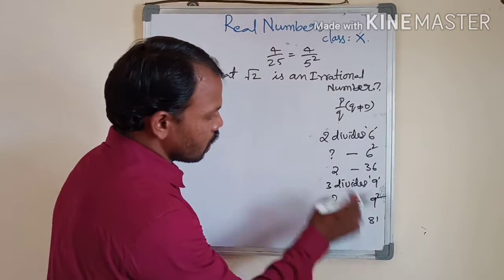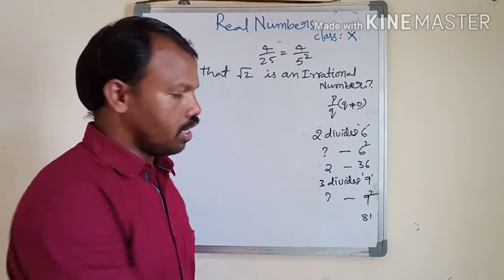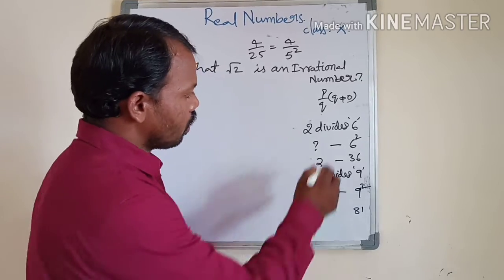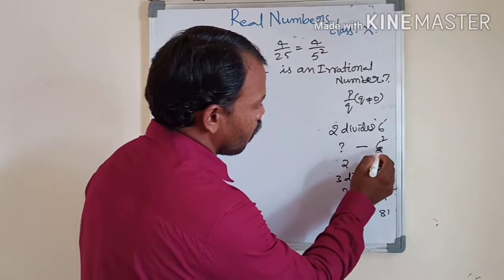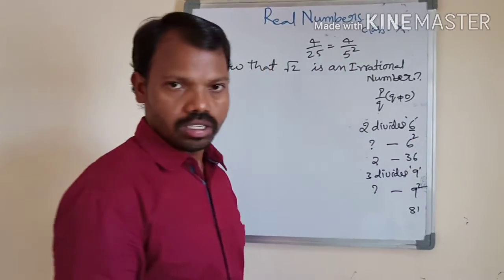What we conclude from these examples: if any number divides another number, it divides its square also. In reverse, if any number divides the square of a number, then it divides that number also.